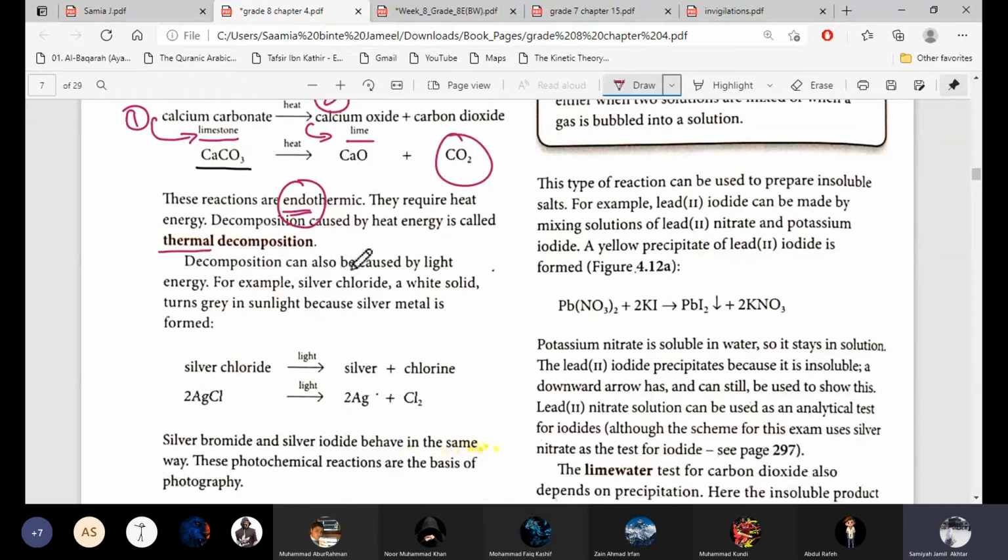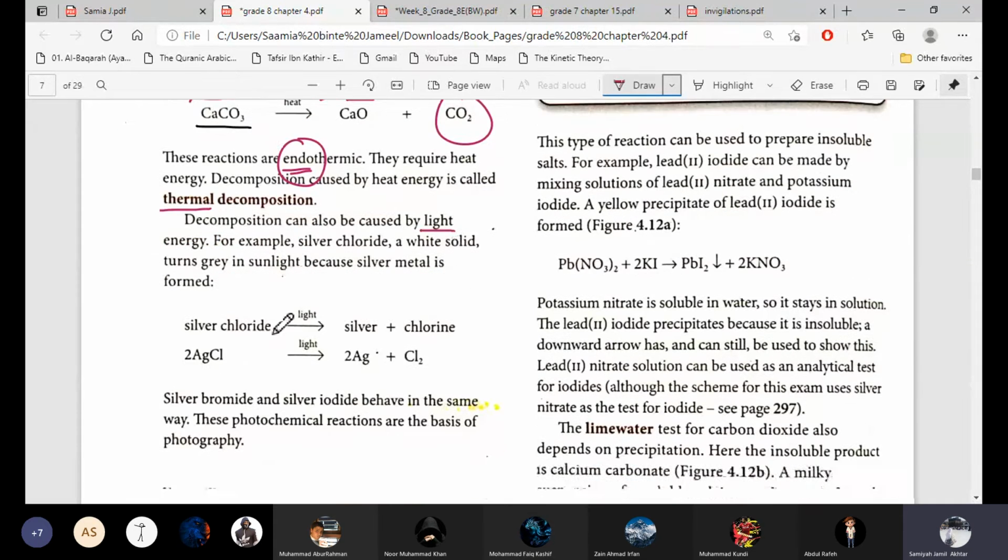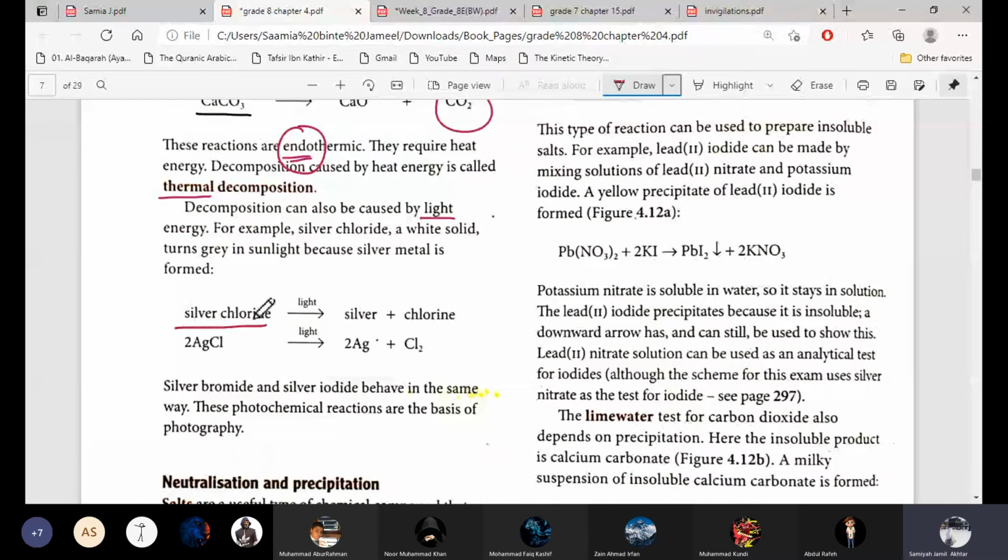Decomposition can also be caused by light energy. This is the example: silver chloride. Under the influence of light, it absorbs light energy and breaks into silver and chlorine. Silver chloride is white in color, and in the presence of light it will change into gray.